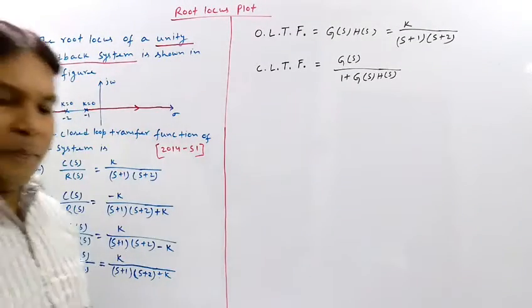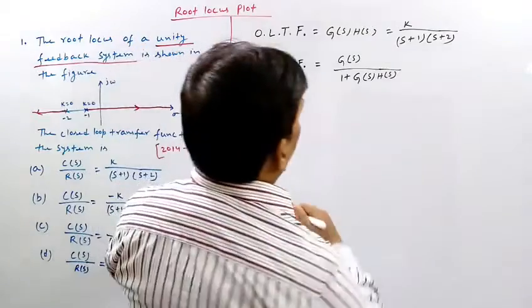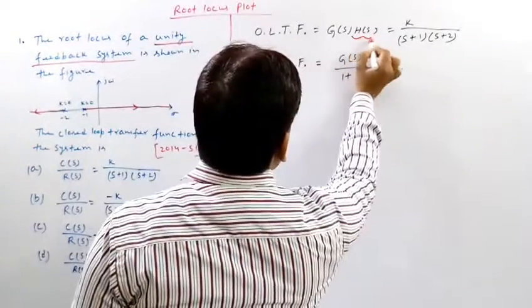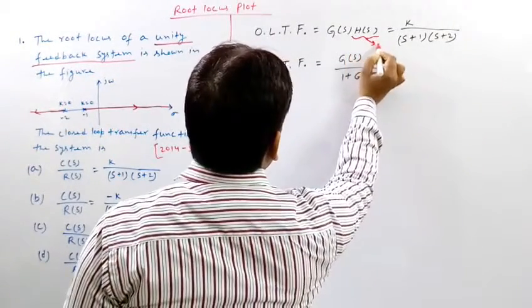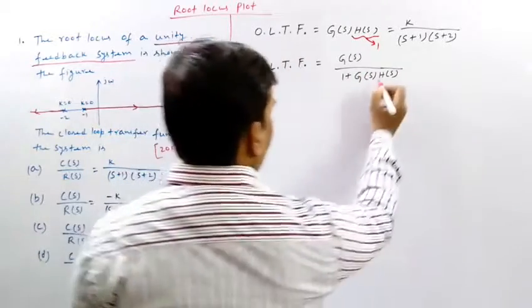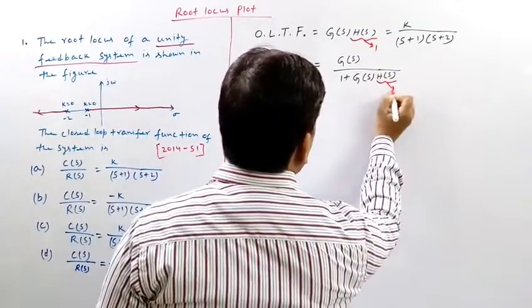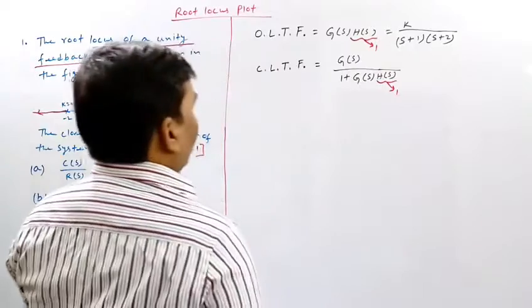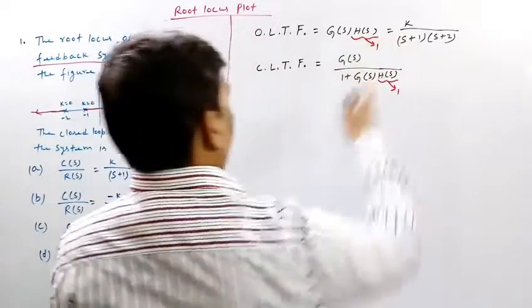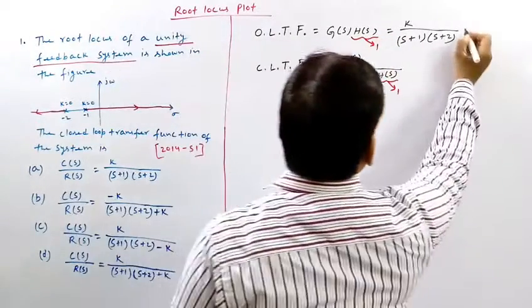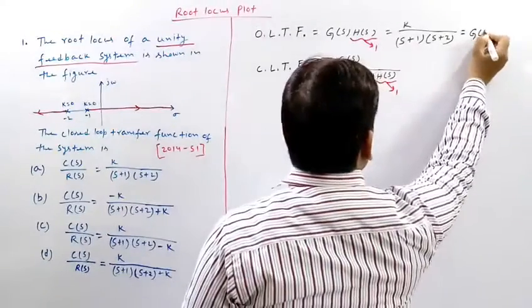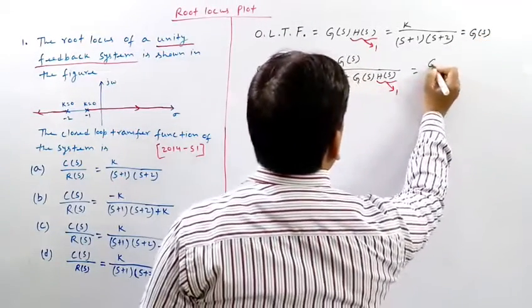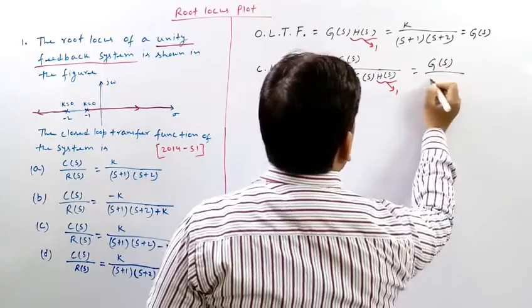If this is a unity feedback system, then H(s) will be equal to 1. So the open loop transfer function will be only G(s), and this will be G(s) divided by 1 plus G(s).